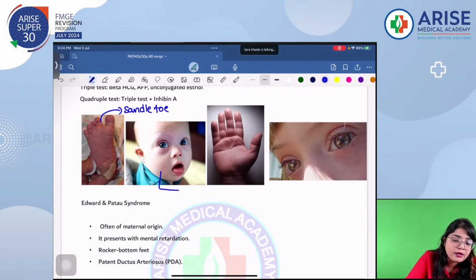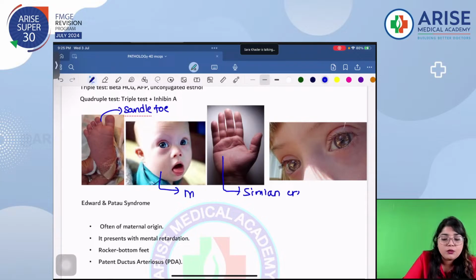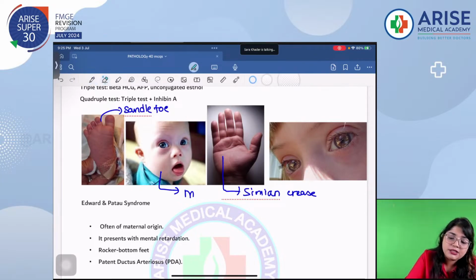You have your mongoloid faces. You can see there is micrognathia, where the chin is small and the tongue is out, right? Tongue is big, macroglossia. You see this, which is the Simian crease. Okay? Simian crease, right? And then you see these Brushfield spots. In the iris, you see these spots, which are known as Brushfield spots.